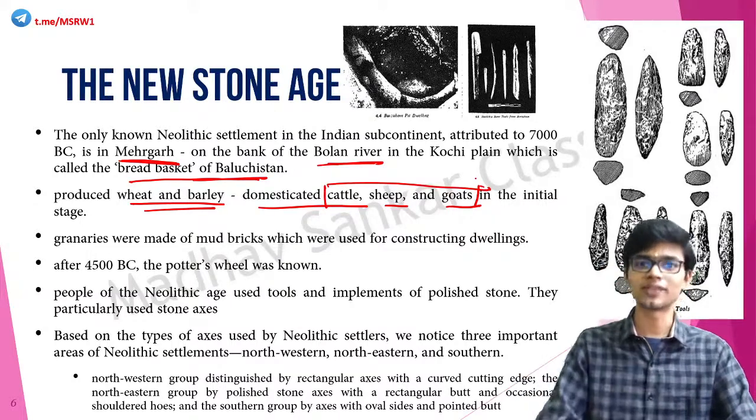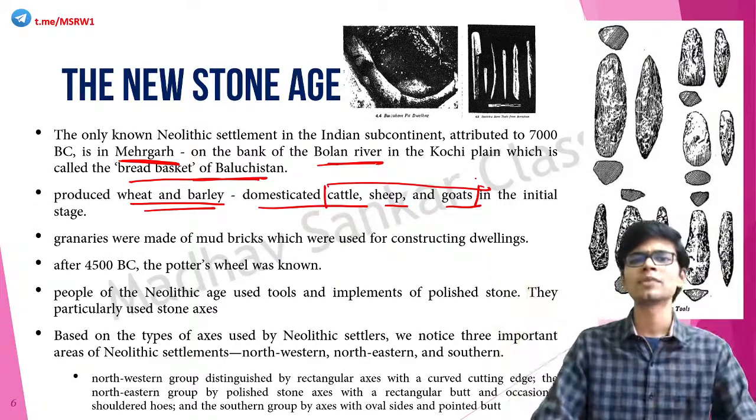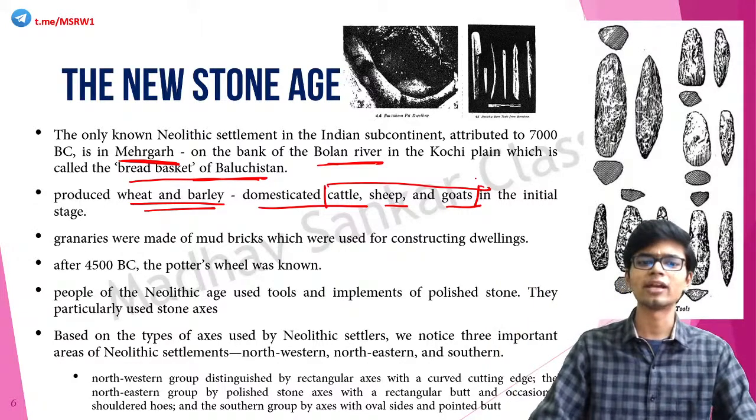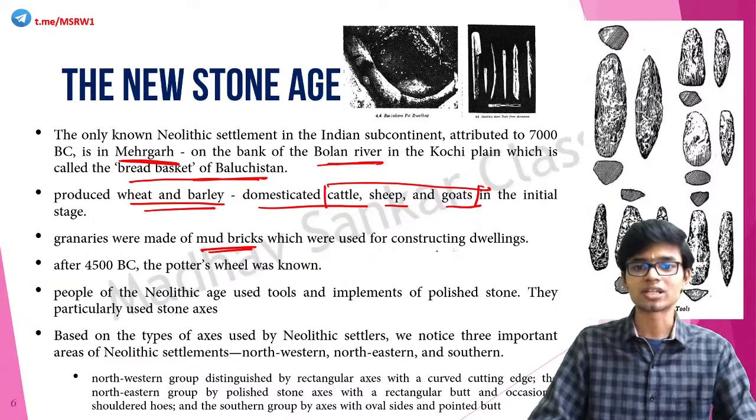I told you in the previous slide, cultivation started sometime around the end of the Mesolithic period, and by the Neolithic times, we have evidences of wheat, barley, and other such crops. We also have evidences of granaries, not the Harappan type, but granaries made of mud bricks, which were also used for constructing dwellings.